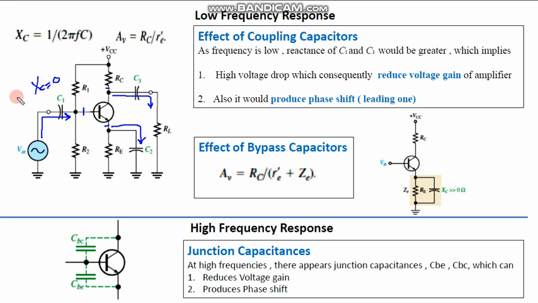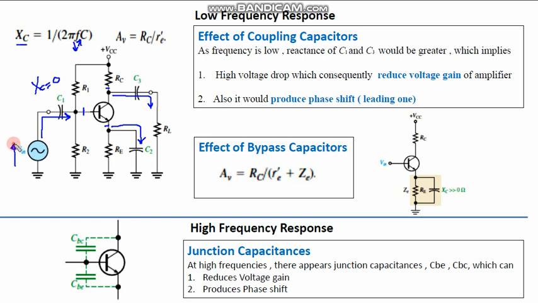Under practical or real situations, non-ideal conditions, what happens is that if the frequency increases or decreases, it would change the value of this XC. Now by changing the frequency, we mean changing the frequency of this input signal, right?